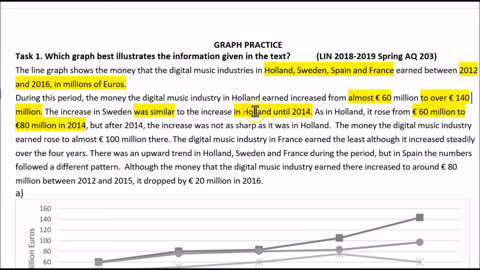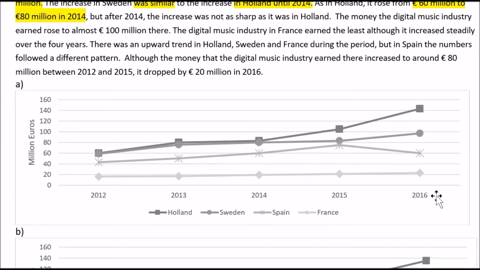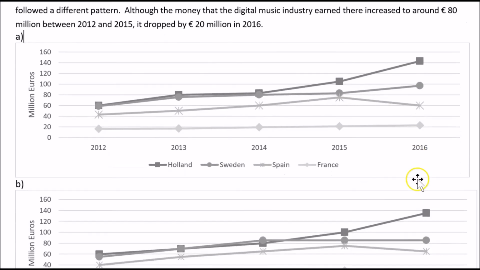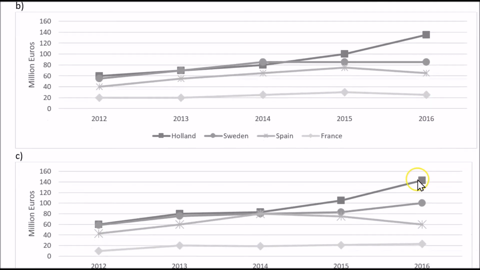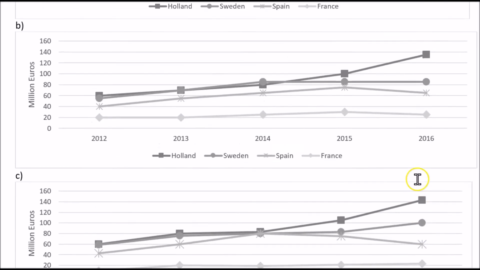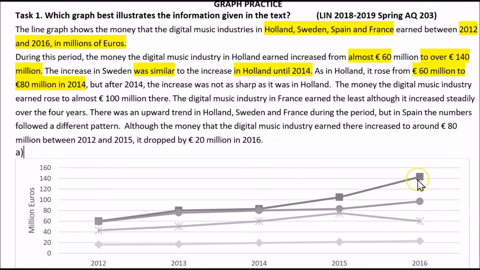Let's check if we are given the information for 4 of these countries and the year period is also correct in these choices. So I'm continuing with choice A and see that there are 4 countries, 1, 2, 3, 4, and they are each shown with a different shape, and the same here, and the time periods are also from 2012 to 2016. So the information in the first paragraph is correct for this task.